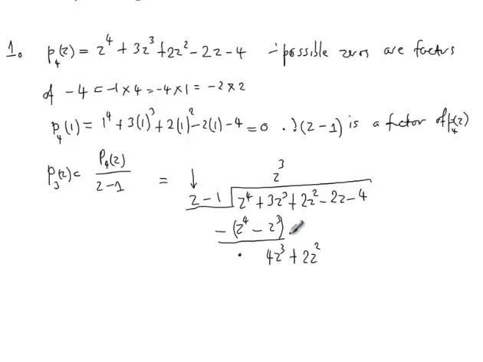If we divide here, I think we're going to get plus, who can tell me? Come again? 4z squared. Right? If I do the same multiplication, I'll get here 4z cubed minus 4z squared.